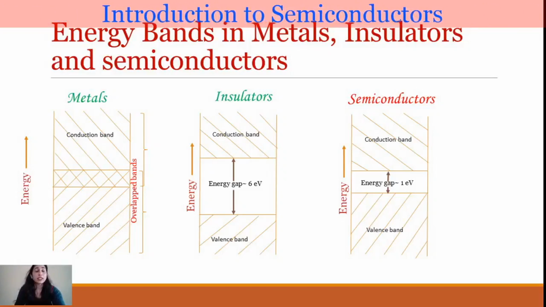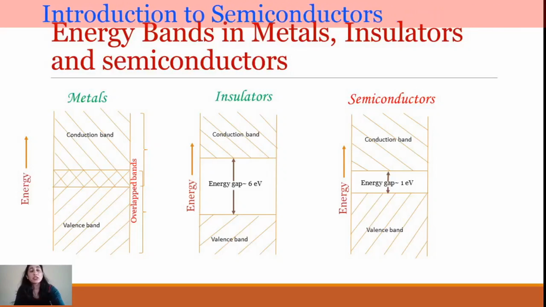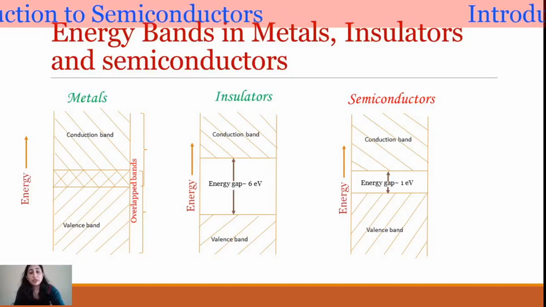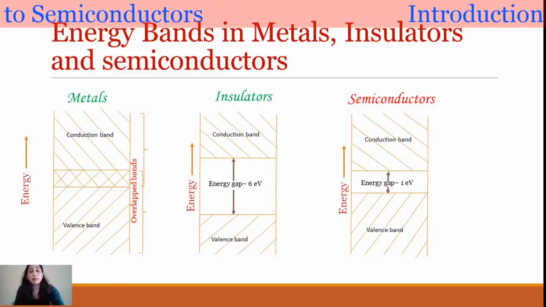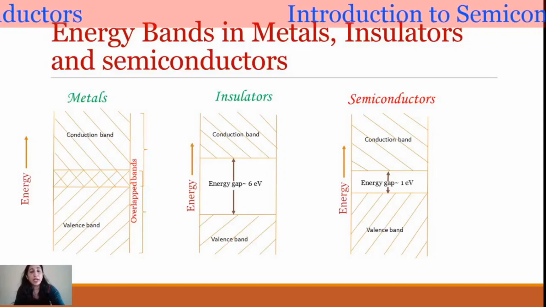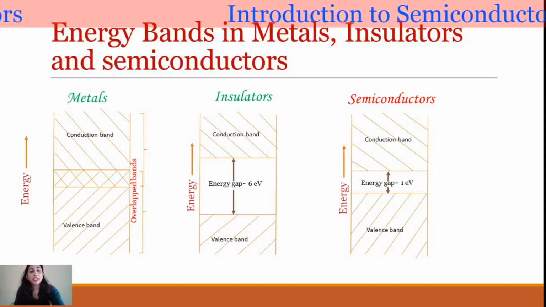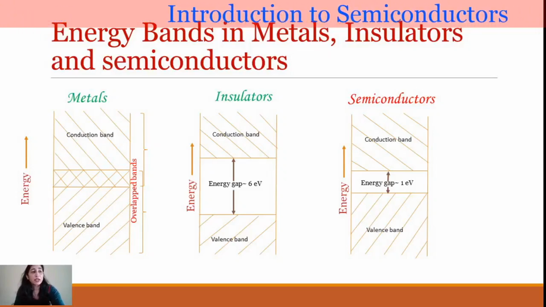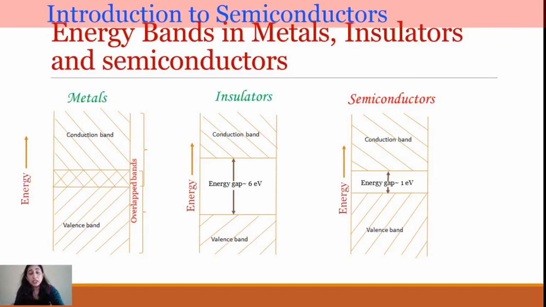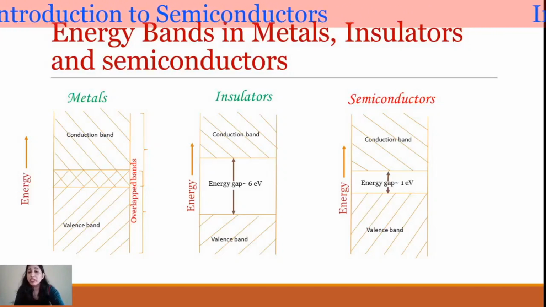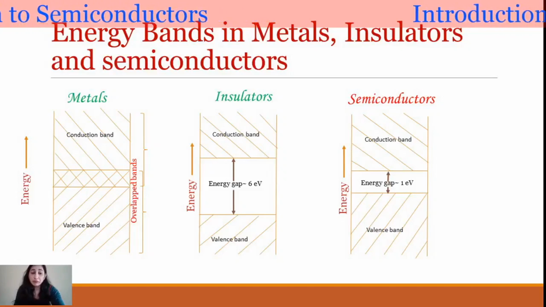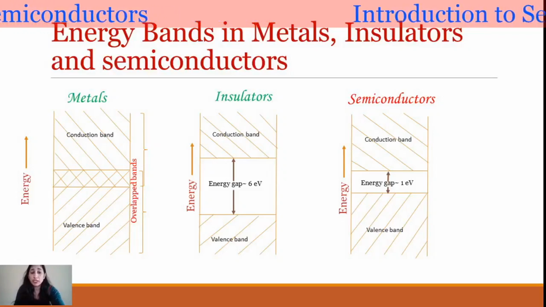In insulators, this energy gap is quite high. It is of the order of 6 electron volts, shown here, and practically it is impossible to cover this gap for the electrons lying in the valence band. Yes, you can say that at very, very high energy or very stressed conditions, electrons can be made to jump to the conduction band.